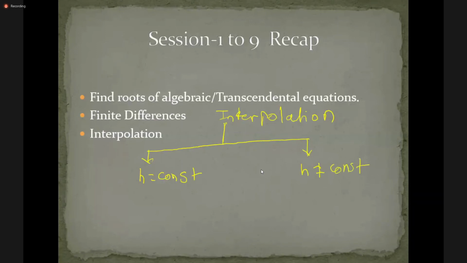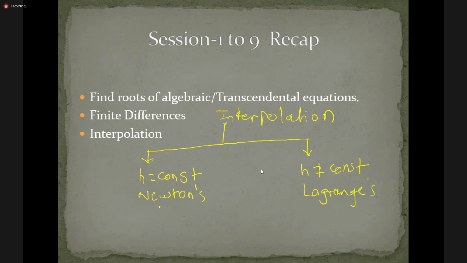Obviously, when h is a constant, that means data is equally spaced, the difference between two successive values of x is a constant. Then we use Newton's interpolation. And when h is not constant, we use Lagrange's interpolation.